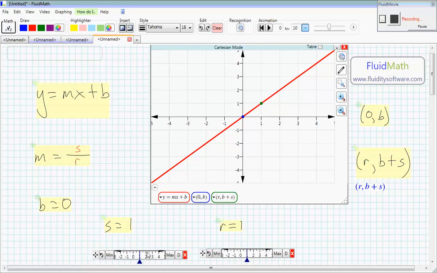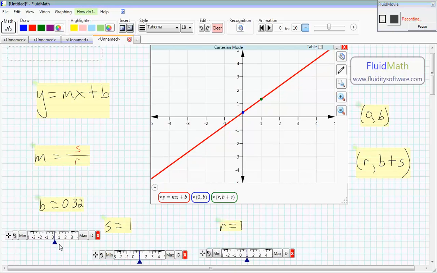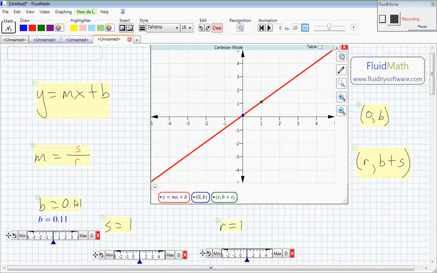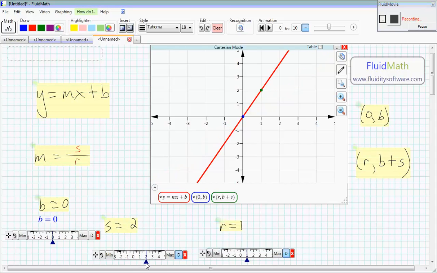Okay, let's start varying all three of these parameters now. We have b, this y-intercept, s, the rise, and r, the run. So we'll start with b. As we shift this up and down, we can see those 2 points stay on the line. Step back to 0. Now let's vary s. We're going to set these to discrete sliders. So as the rise changes, the slope is higher, and the line passes through both points again, still.